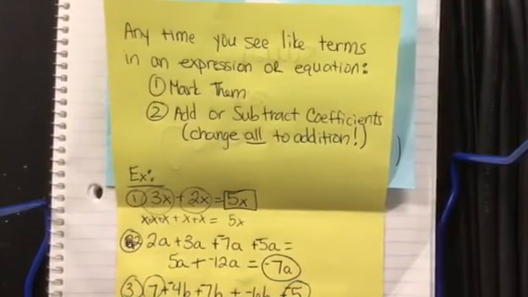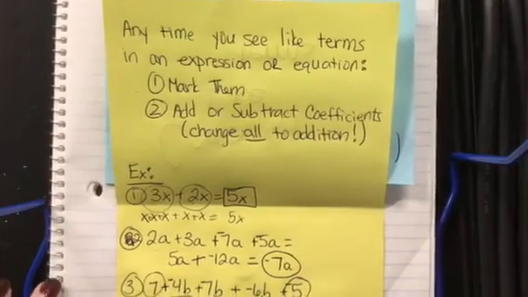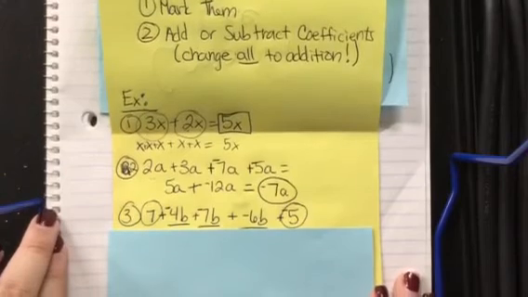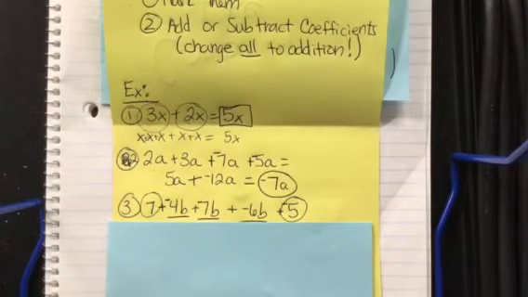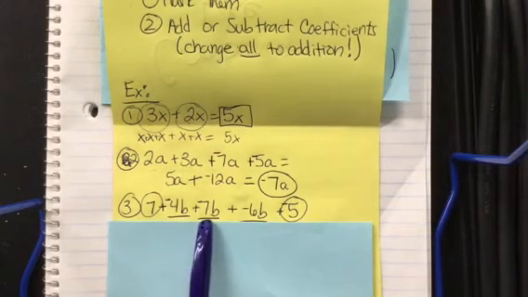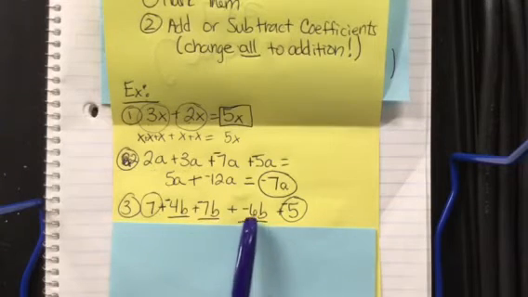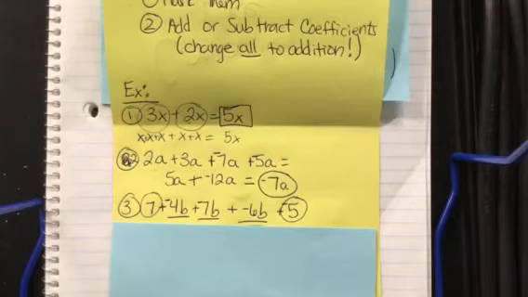All right, last example. I've got 7 plus negative 4b plus negative 7b plus negative 6b plus negative 5. Whew, I got a lot of negatives in there. First thing I did was mark my like terms.